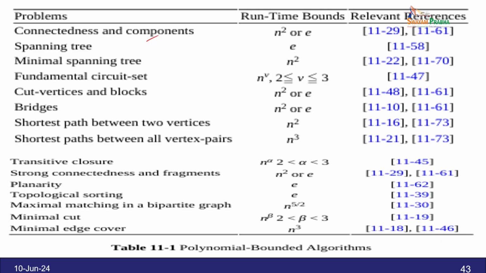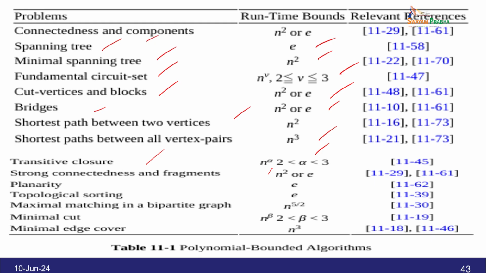For problems like spanning tree, the bound is E, minimal spanning tree is n square, fundamental circuit set is n power nu, where nu lies between 2 and 3, cut vertices and blocks is n square or E, bridges is also n square or E, shortest path between two vertices is n square, shortest path between all the vertices is n cube, and the transitive closure is n power alpha, where 2 is less than alpha less than 3.